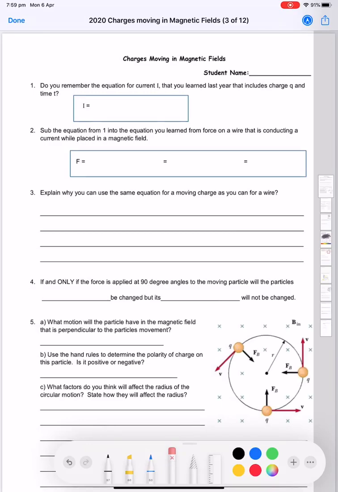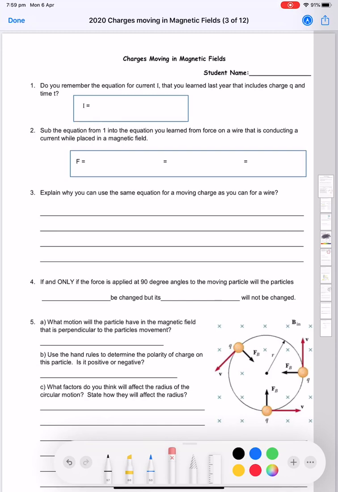In this recording, we're going to look at how charged particles move in a magnetic field. Now, in the previous lesson, we were looking at charges that were inside a wire. When the electrons are moving inside a wire, they have no choice but to move in a straight line with that wire.